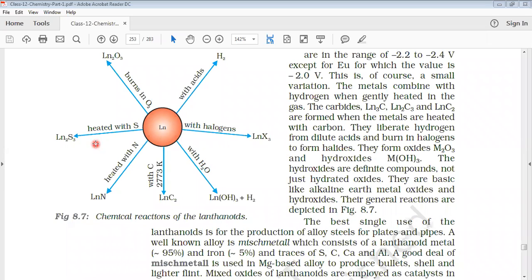You can ask me, ma'am, except this, is it able to react with any other component under some conditions?